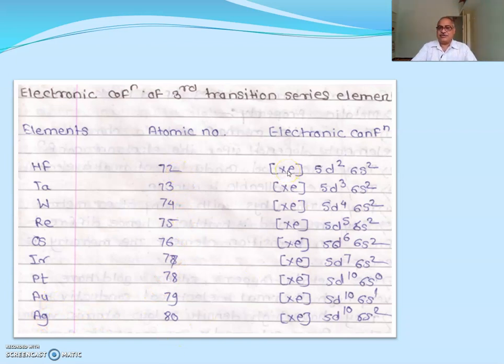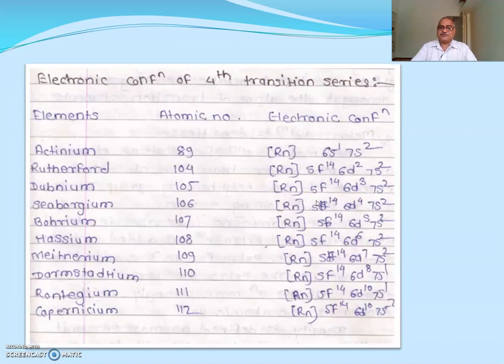The electronic configurations are 5d2 6s2, then 5d3 6s2, 5d4 6s2, and in this way the electronic configuration of this series continues.